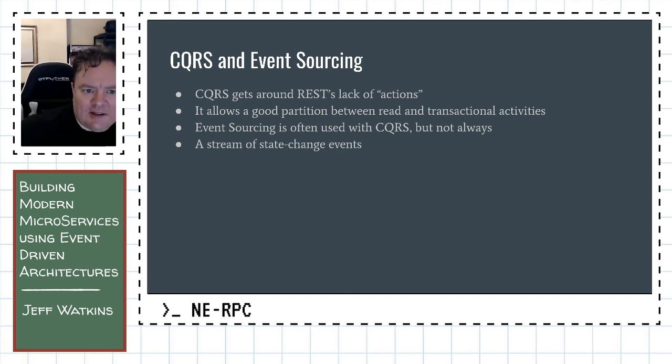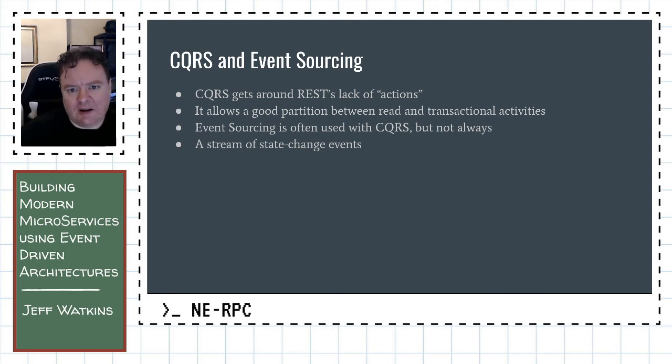So there were some other patterns as well that we needed to look at if we're going to be moving towards more modern microservice approaches. Well, REST itself, REST is great for CRUD-based activity. If you just want to create, read, update, delete. But if you want business functionality, if you want something with workflow, REST doesn't really provide actions. Putting verbs in your REST APIs is considered an anti-pattern, apart from the HTTP verbs, obviously.